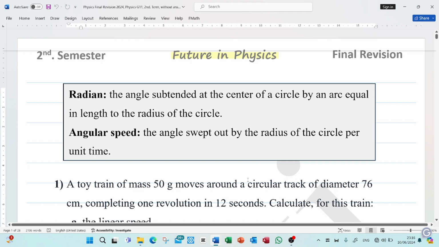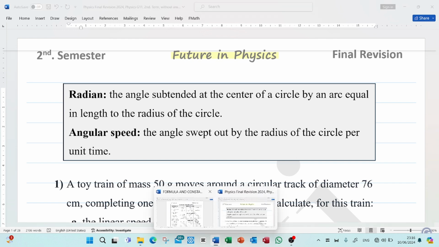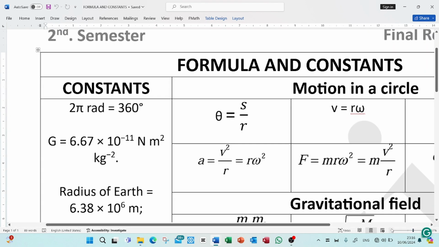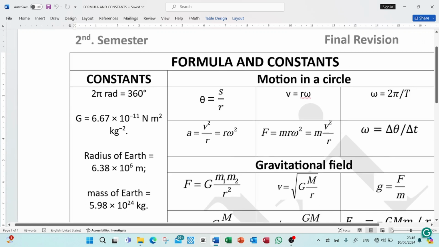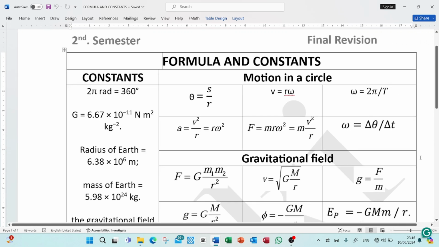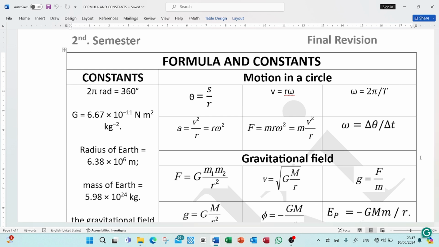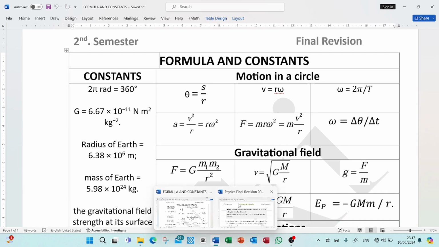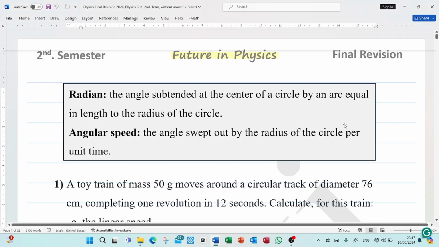Then we go to the formula sheet and revise the rules of circular motion, just to get an idea about the rules or the formulae of motion in a circle. And then we go to extended questions containing circular motion.